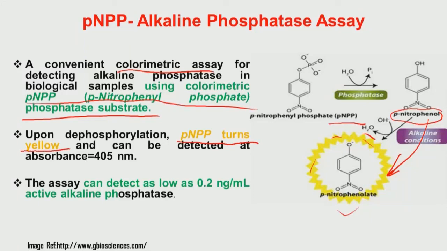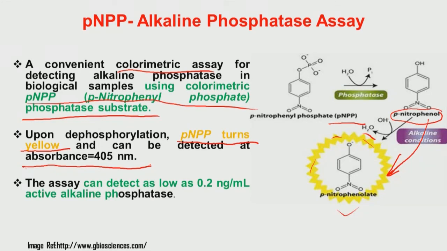Like you remember that in case of MTT, the formazan crystal turns purple colored, and the purple color is measured at a certain wavelength spectrophotometrically. Similarly, during the ALP assay, upon dephosphorylation, this PNPP turns yellow, and this is measured at 405 nanometer absorbance.